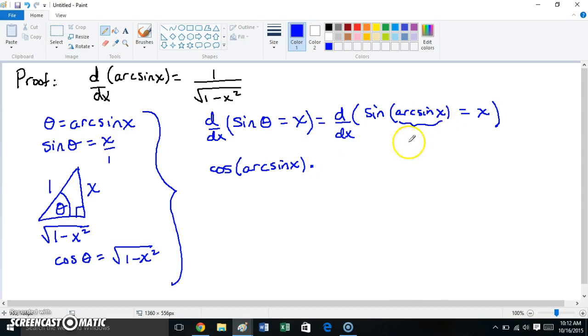Since the inner function is not a simple x, I must multiply by its derivative, applying the chain rule. So the derivative of arcsin of x, and the derivative of x is 1. All right, we're going to isolate the derivative of the arcsin of x, because that is what we're trying to solve for.